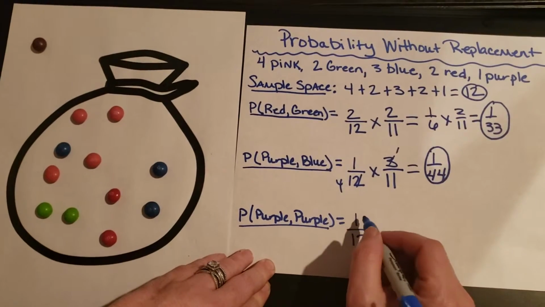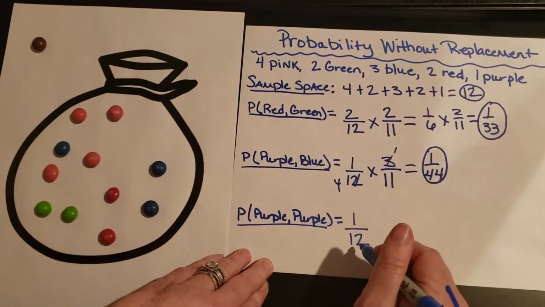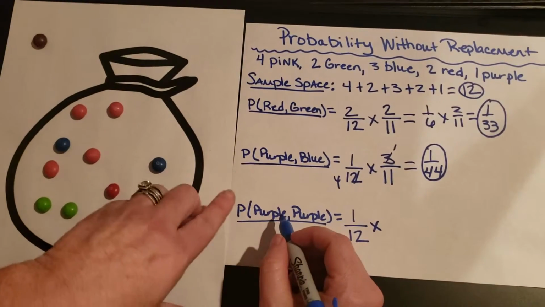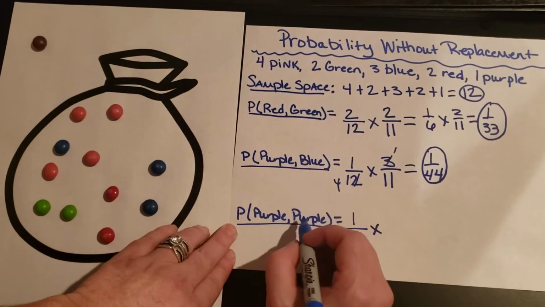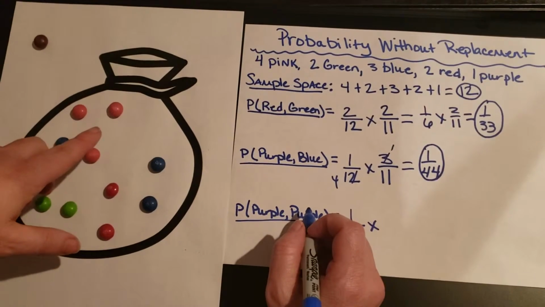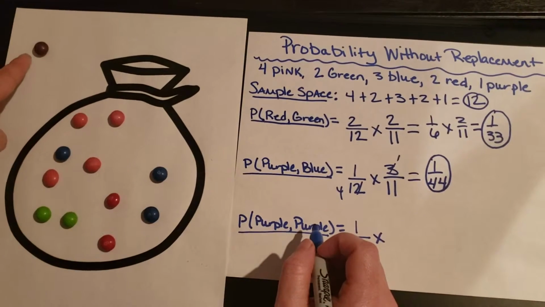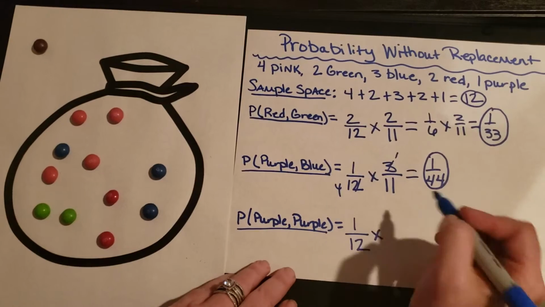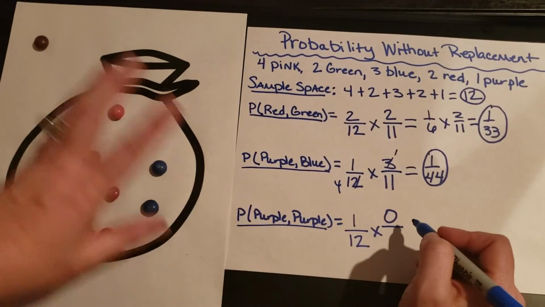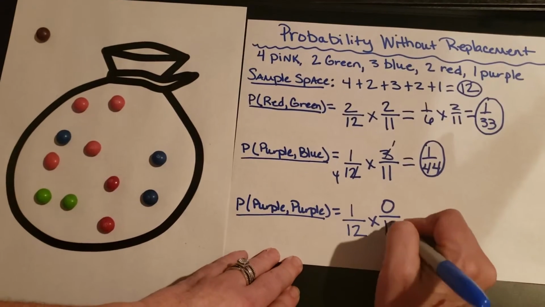So now we have 1 over 12, which is the probability of selecting purple. Then we're going to do the probability of selecting another purple out of the bag. Well, we have no more purple, because we've taken out the last one, that means we have 0 purple. There's 11 in the bag since we took out the very last purple, so we're going to put 11 here.